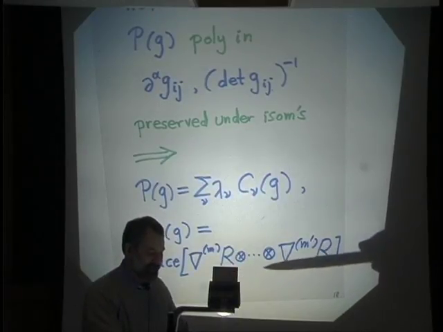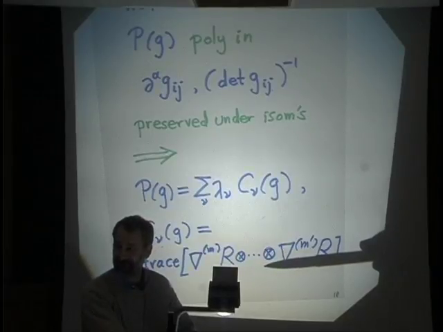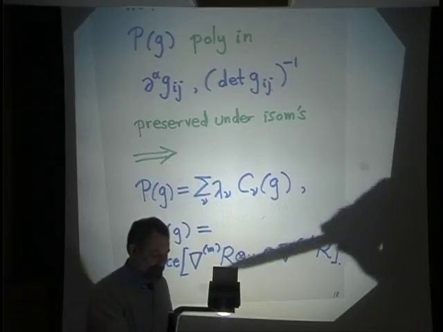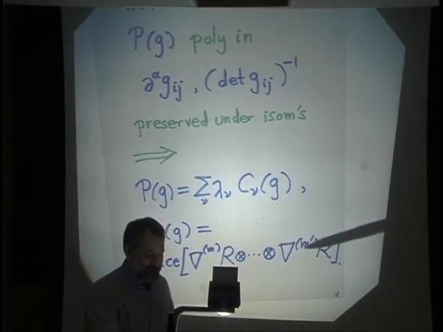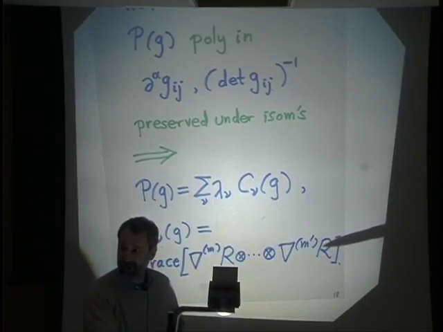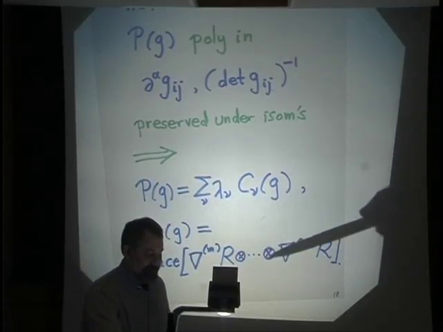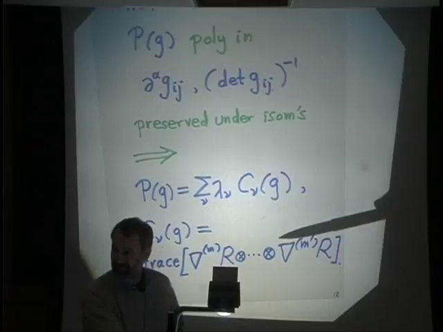And then we take another factor in which, let's say, we don't differentiate it at all. And we take some finite number of factors, and in each case we decide how many times we're going to differentiate the curvature tensor. We then take the tensor product of all of those, okay?